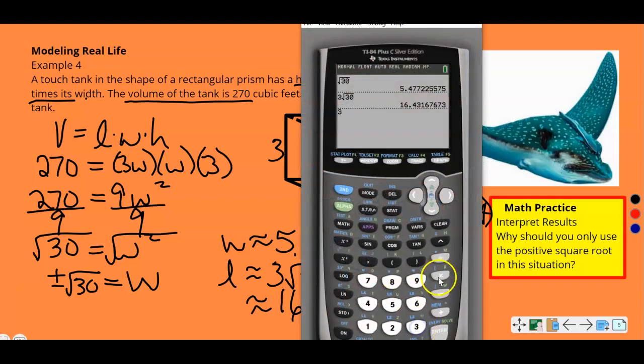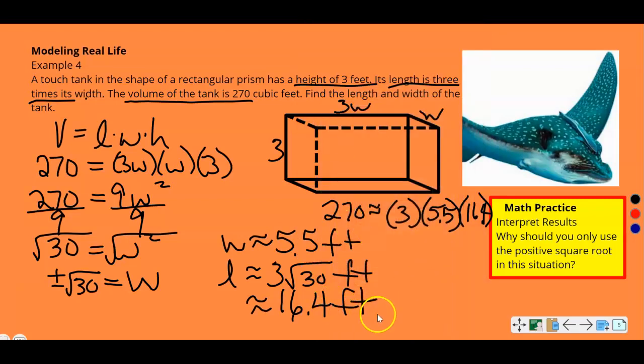So let's do 3 times 5.5 times 16.4. And that is very close to 270. Again, it's off a little bit, but it's because the 5.5 and the 16.4 were both rounded. So we can conclude that these are valid measurements.